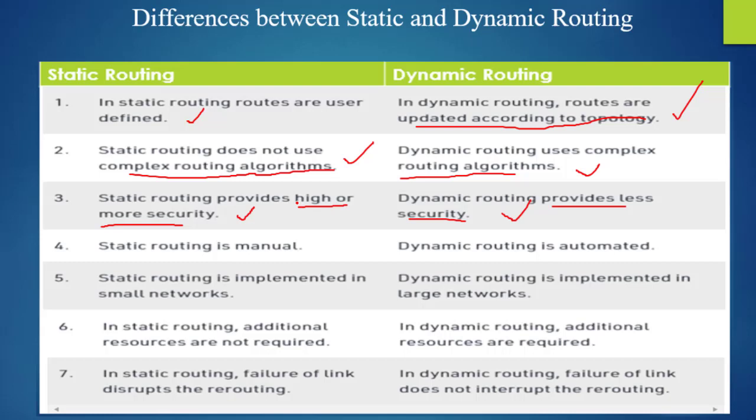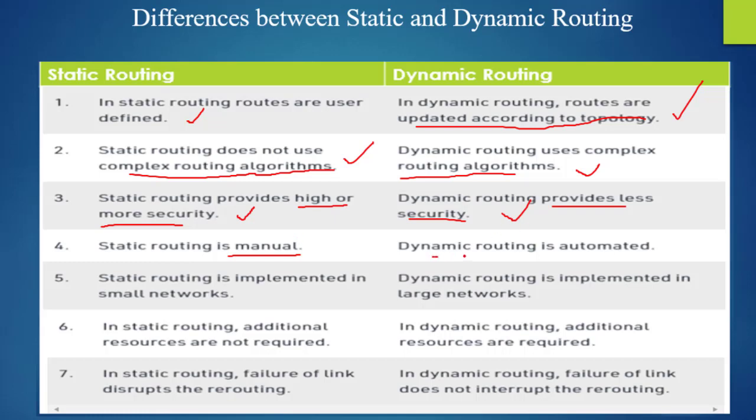So security is a very important issue here. You should know that in static routing there is more security than in dynamic routing. Number four, static routing is manual. Whenever there is an update in the network, the admin will have to configure the static routes.